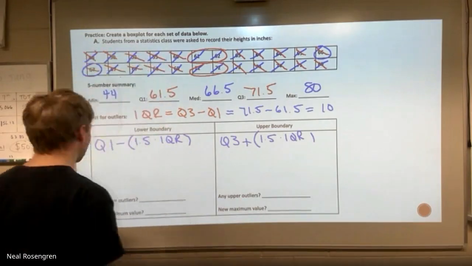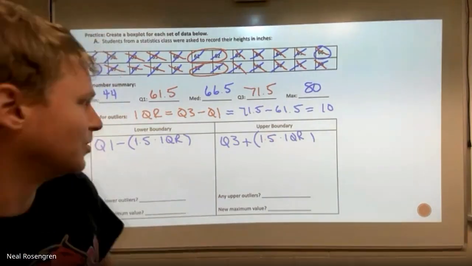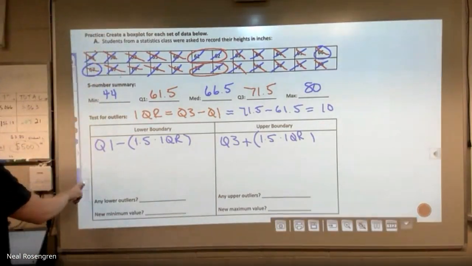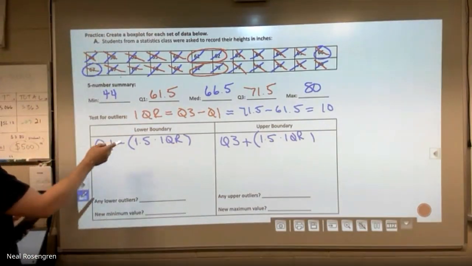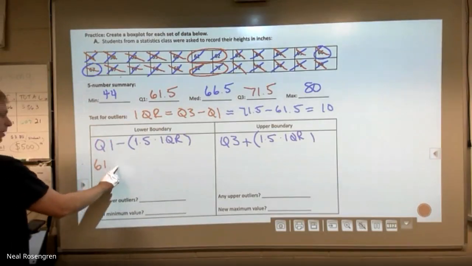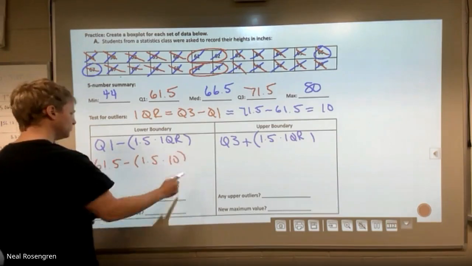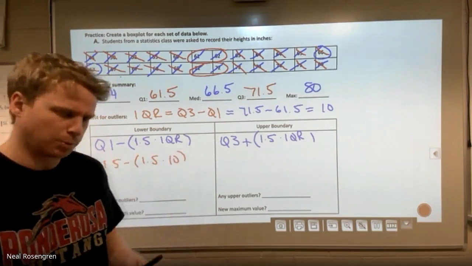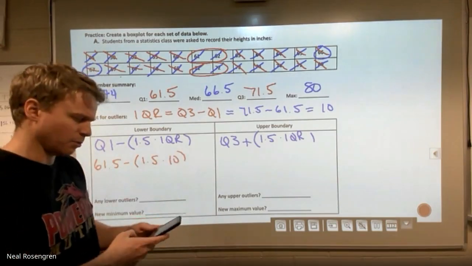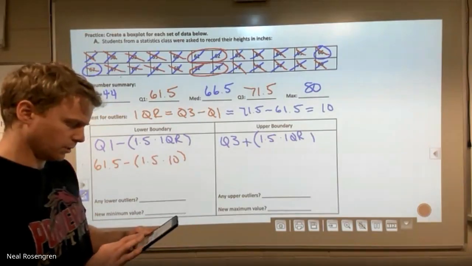All right, sweet. Now I need a calculator because I got to do that 1.5 times. So let me figure out what numbers I got to plug in. So Q1, 61.5 minus 1.5 times 10. That's actually not that bad. Since we're just multiplying by 10, I just have to move that decimal over a little bit.